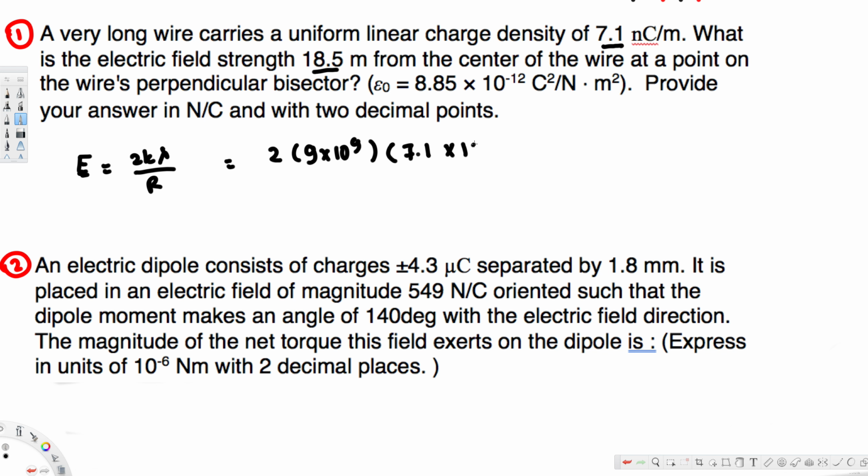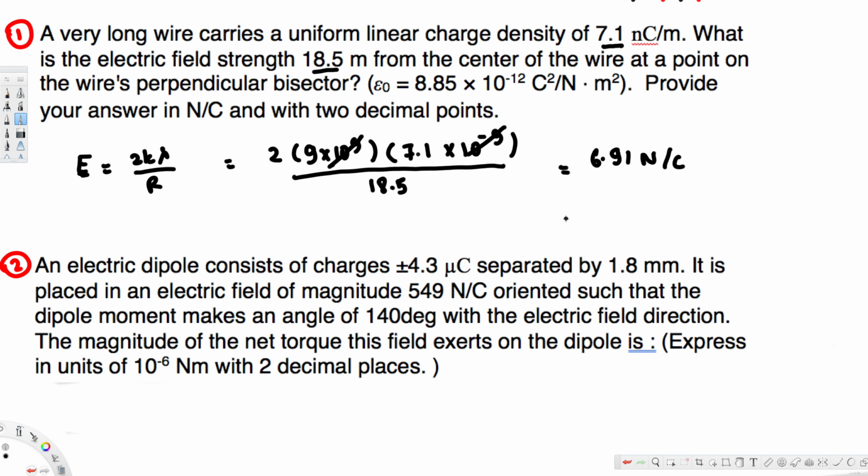Nano is 10 to the power of minus 9. And at the bottom we are going to have the distance, that is 18.5 meter. And this is a good thing, the negative 9 and positive 9 powers cancel each other. If you calculate this one, you should get 6.91 Newton per coulomb, right?